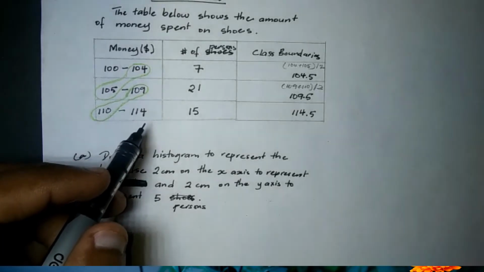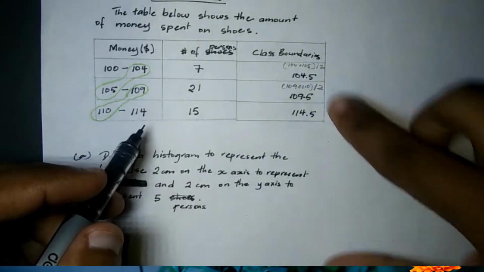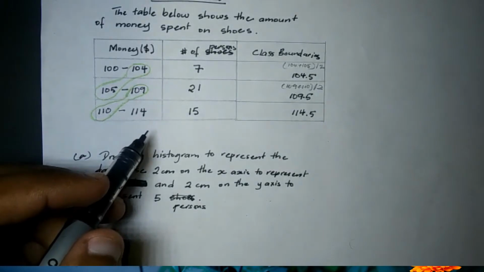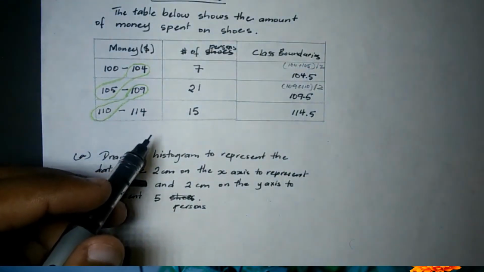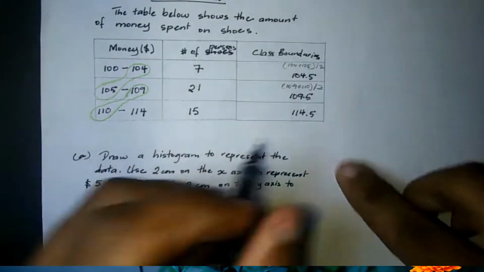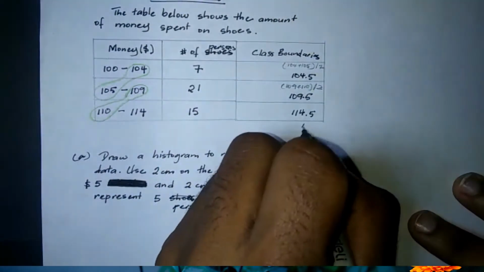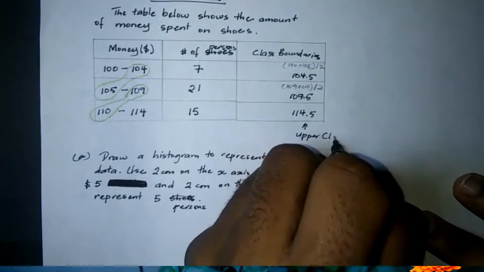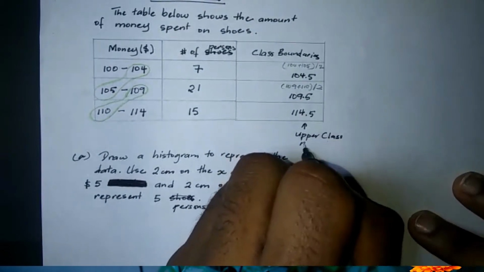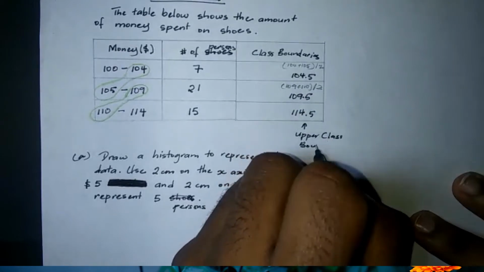Now, because these are class boundaries, I need to have also another class boundary. So these over here are my upper class boundaries. So I'm going to need my lower class boundaries as well.